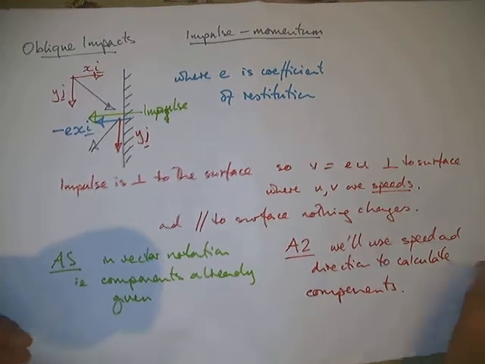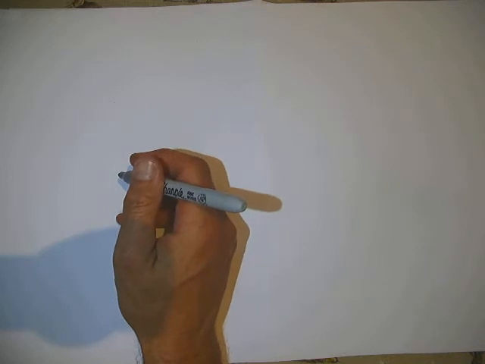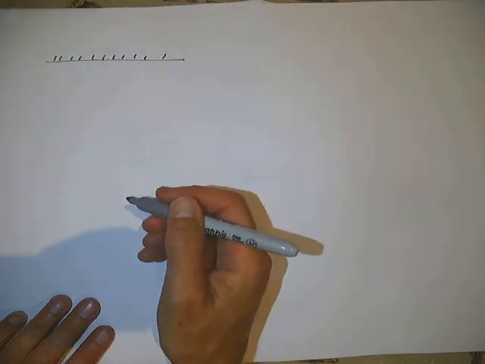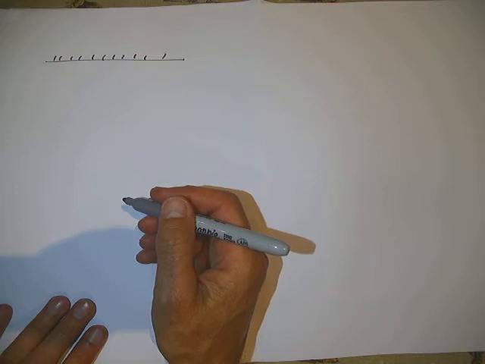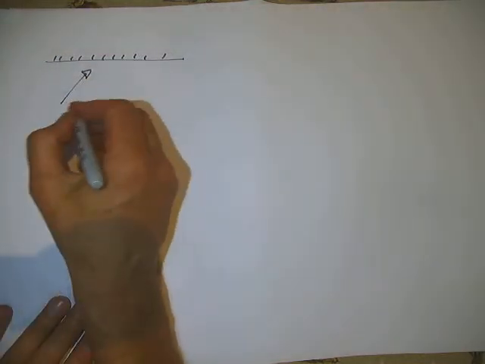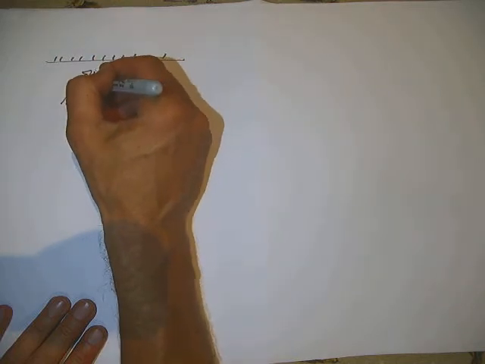Right, I'll just look at one of the examples then. Worked example 6.2. A smooth vertical wall is parallel to the positive I direction. So there is a wall. A smooth sphere of mass 3 kilograms moving with velocity 3I plus 5j. So that's the initial velocity.